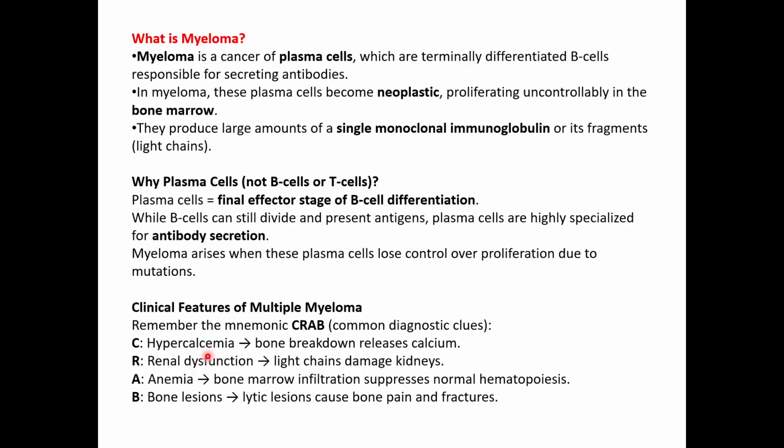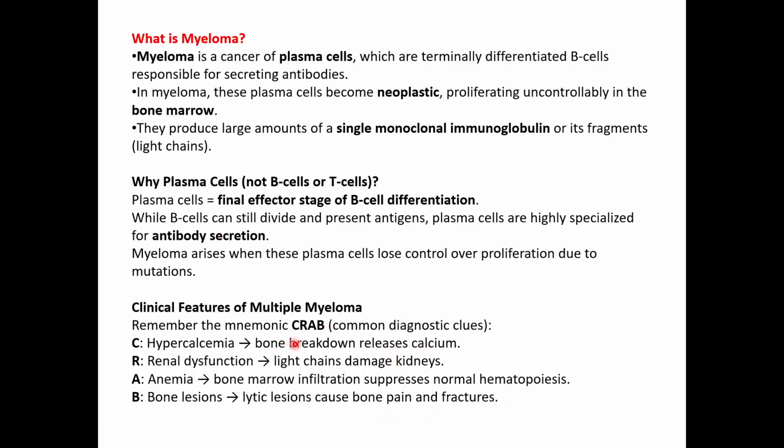Hypercalcemia, as the name suggests, is excess calcium, because the bone is broken down and releases calcium, so calcium levels increase. Then there is renal dysfunction, where light chains damage the kidneys. Then there is anemia, where bone marrow infiltration suppresses normal hematopoiesis. Then bone lesions, lytic lesions, cause bone pain.